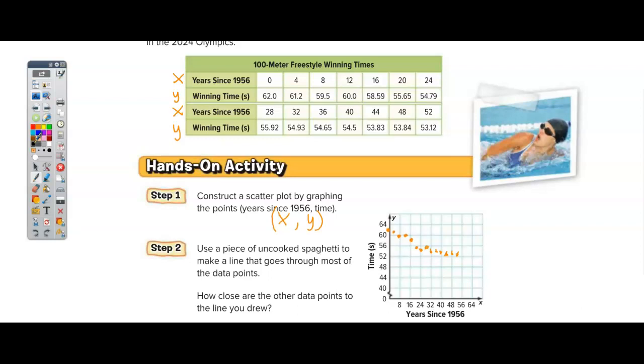So if you put a piece of spaghetti that went through most of your points, it looks something similar to that. It would obviously be a little bit straighter. How close are other data points to the line you drew? So using that piece of spaghetti, my line goes through some of my points, but it doesn't go through all of them.